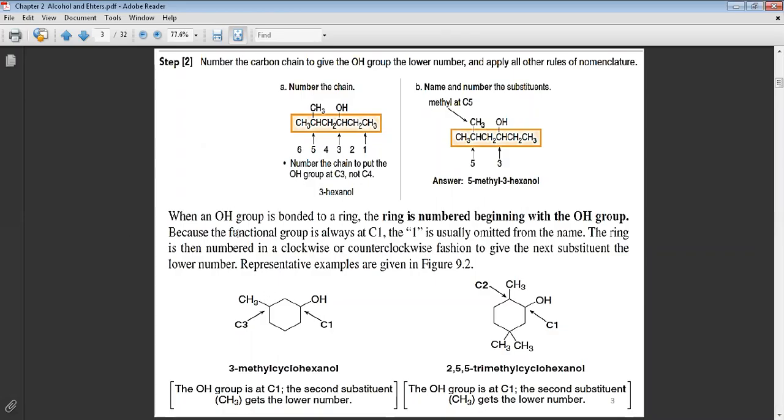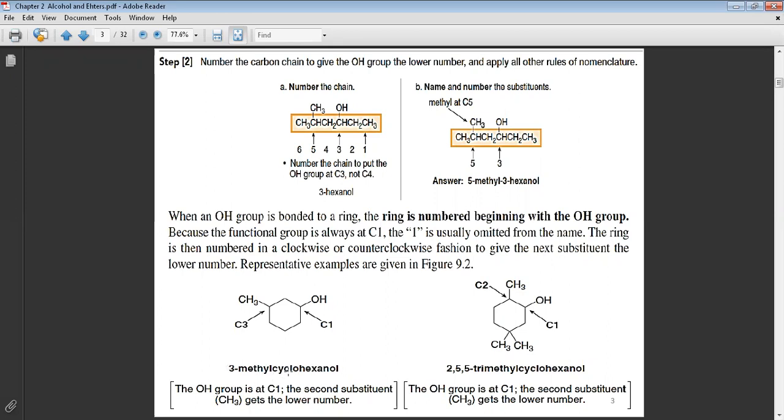Now, because the functional group always takes position number 1, the 1 is usually omitted from the name. That means we don't write the number 1 for the cyclic compound, because we know the hydroxyl group will always take number 1. For example, like this: 3-methylcyclohexanol.